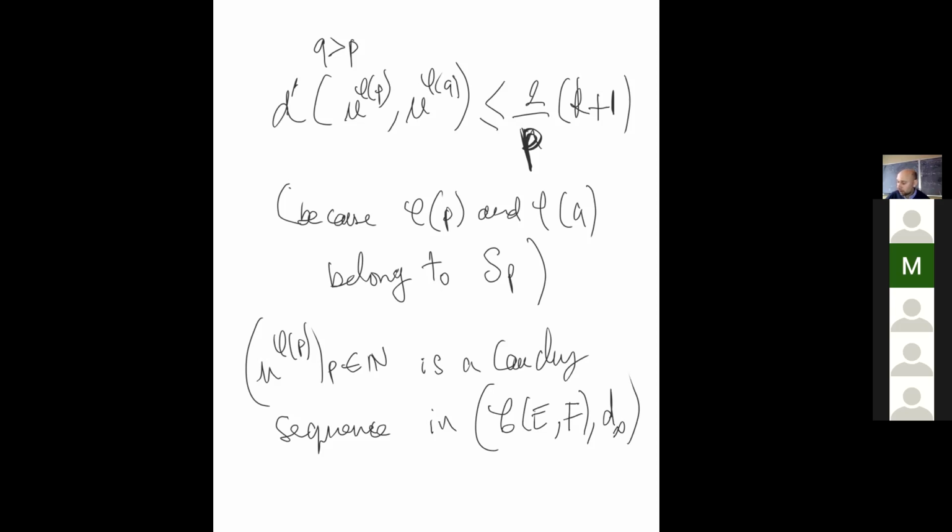The infinity distance is the distance of the uniform convergence.